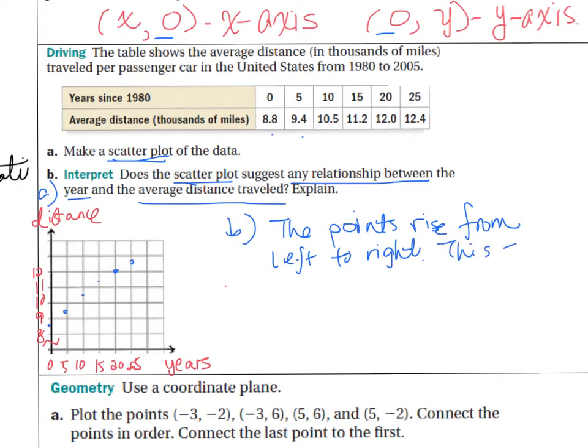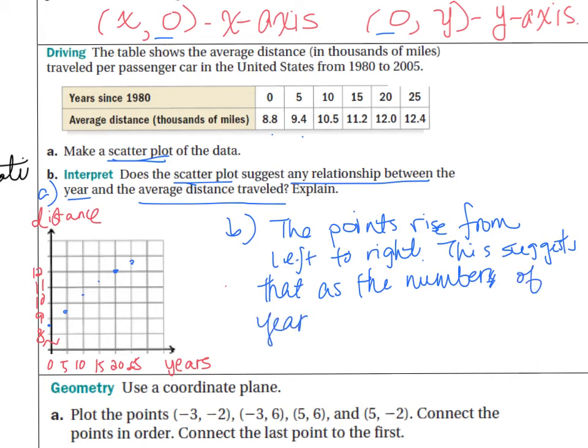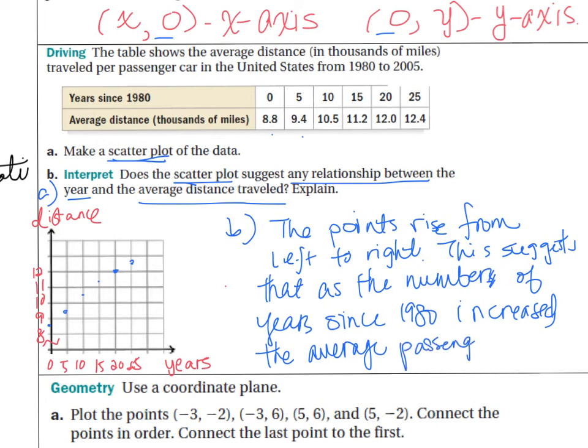This suggests that as the number of years since 1980 increased, the average distance per passenger car increased.